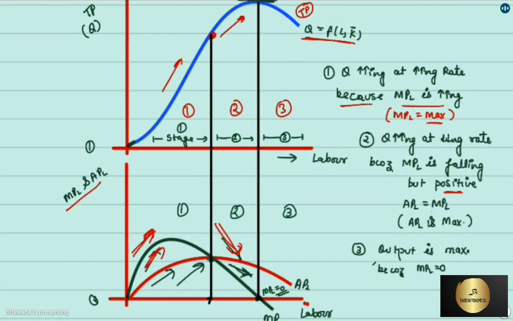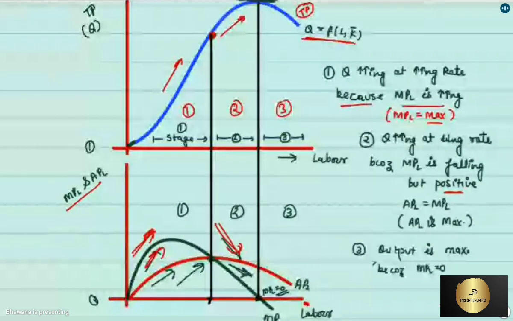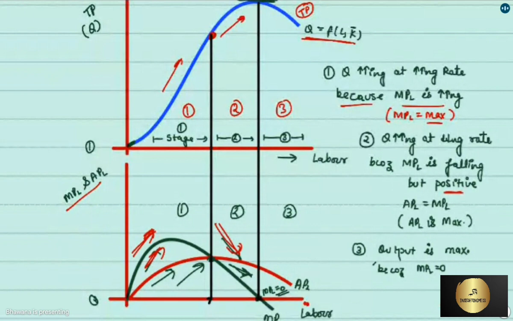APL is positive. So in your second stage your APL is maximum, because when your APL is equal to MPL, that depicts the situation that APL is maximum. After that point your APL starts falling.